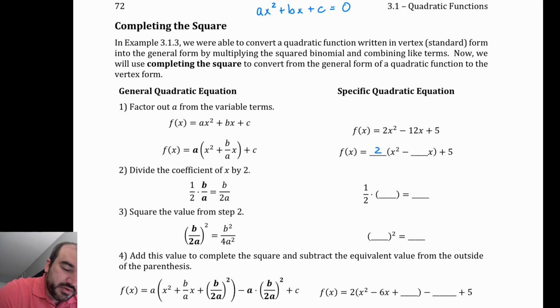When we factor out the 2 from the 2x squared, we just have x squared left. When we factor out the 2 from the negative 12, we're going to have negative 6 left. And then we still have the plus 5 at the end.